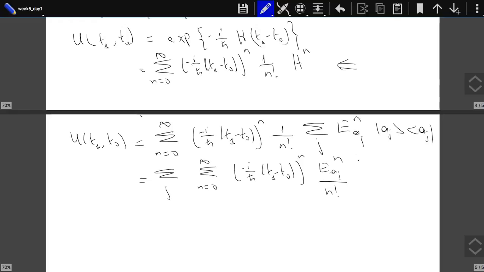This will be equal to sum over i,j c_i star c_j e to the power minus i over h bar t (E_aj minus E_ai) times a_i B a_j. So you see, in general, the expectation value of B will also depend on time.